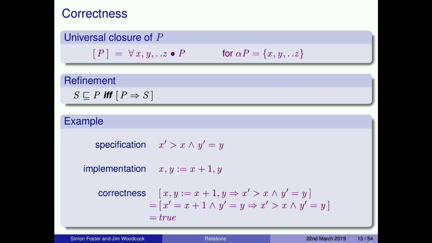Now then, crucially, UTP is based on denotational semantics here. So each of our programming operators is ultimately going to be given a meaning as a relational predicate. So every operator that we have ultimately can be boiled down to one of these relations, right?